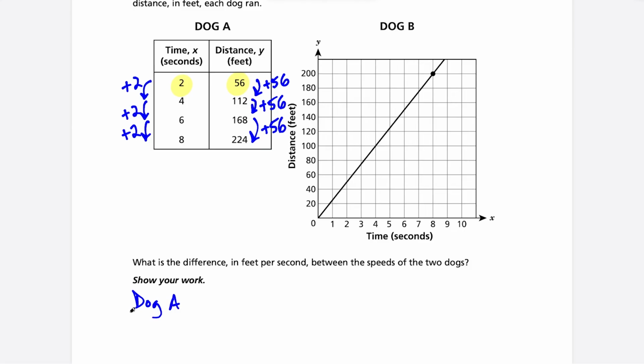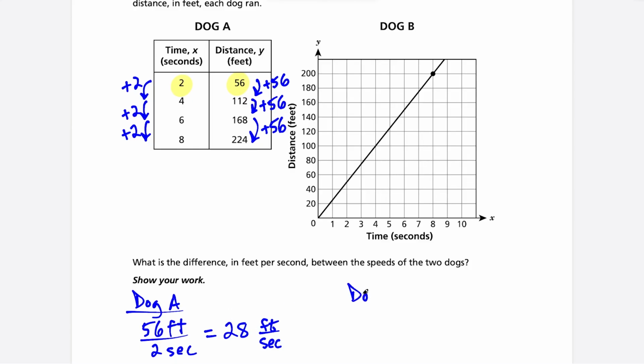Dog A goes 56 feet in 2 seconds. So 56 divided by 2 is 28. So that tells us dog A's speed is 28 feet per second. Every second that goes by, this dog covers 28 feet.